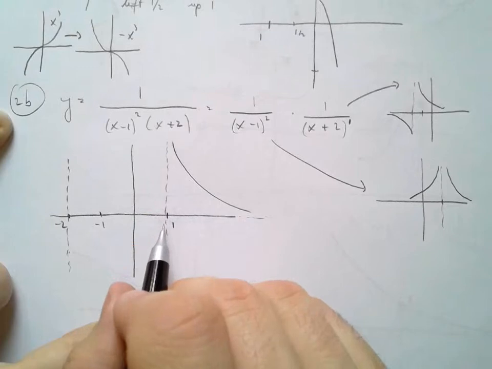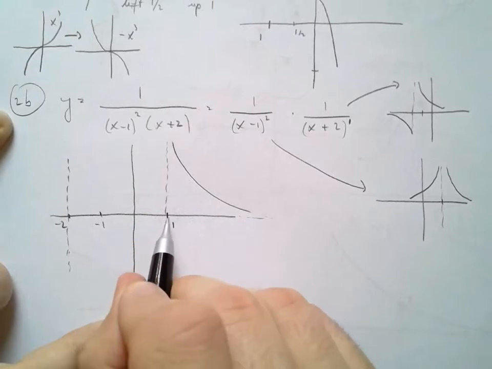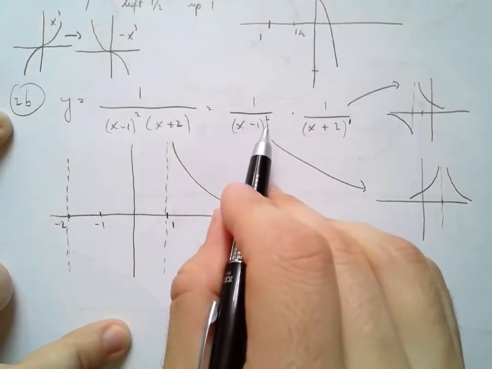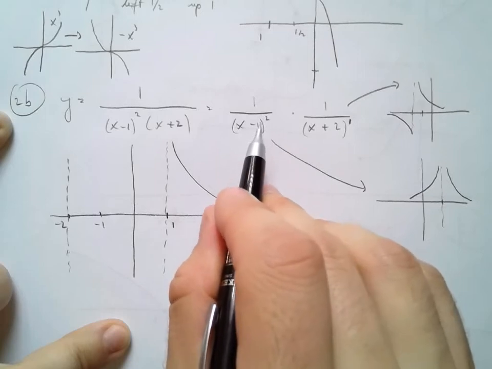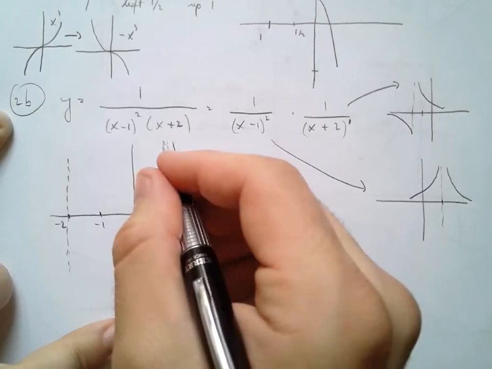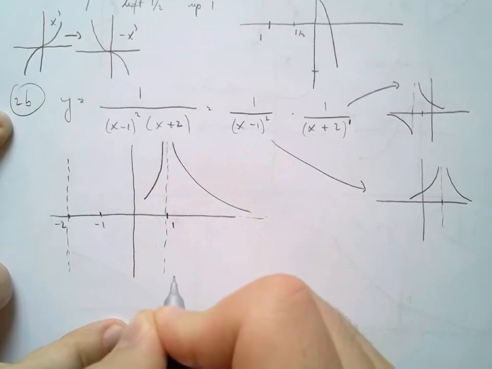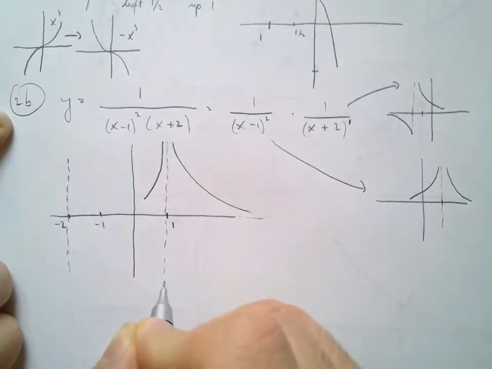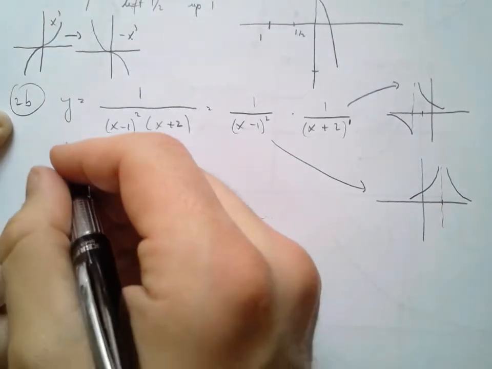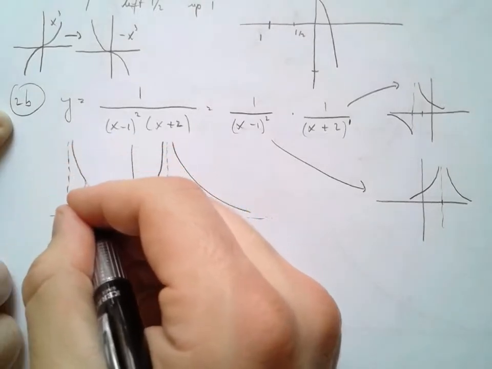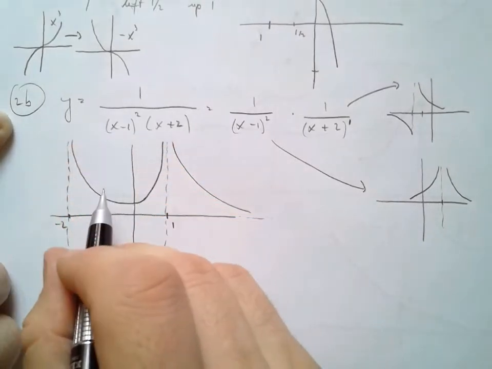Now I know that this came from an x minus 1 to the second power, and as we saw in problem 1, an even power means I stay on the same side of the asymptote, like that. Then I approach the other asymptote here without touching the root.